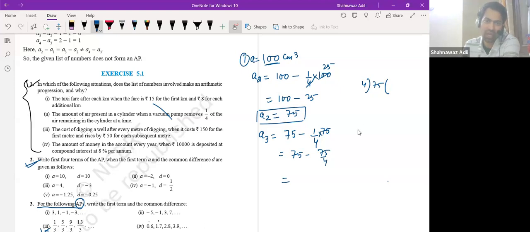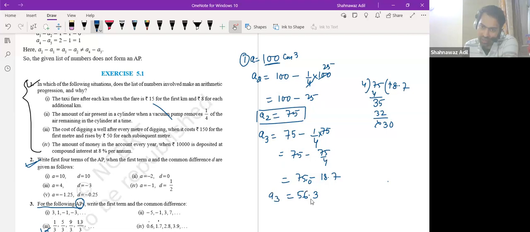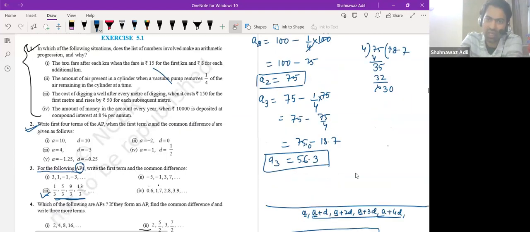You only have to show that this is not an arithmetic progression. So you can clearly tell me, is this an AP? No, sir.